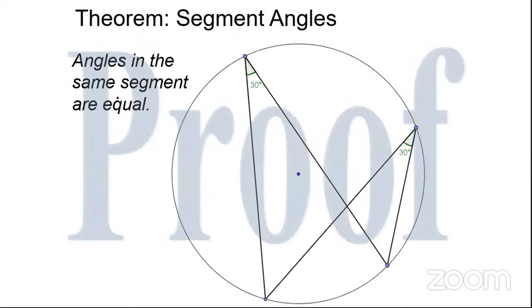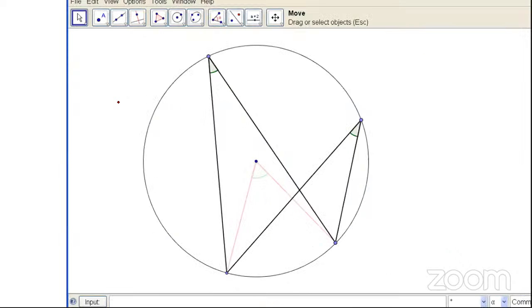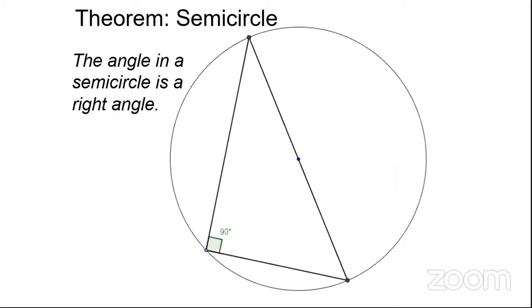So this is it: angles in a semicircle is a right angle. That is simply the theorem we want to look at today.